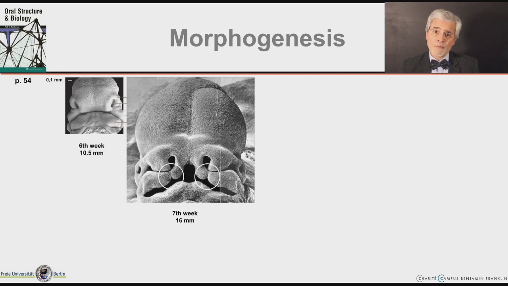But attention, these notches, they can become the onset of a cleft lip if the epithelium will not be smoothened out here again. So it is not a cleft right now, it is just a little notch in the lip contour, and on the bottom of the notch there is still epithelium.